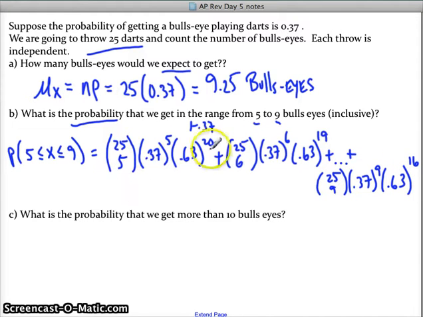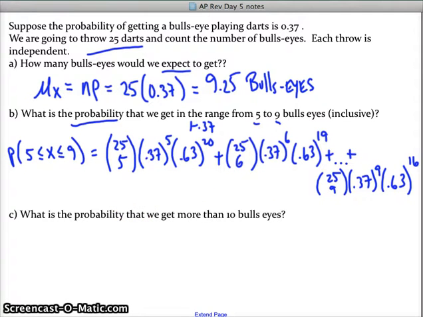Now, you don't need to type all that in your calculator, but this is all the work you're supposed to show, okay? Now we're going to type the stuff in the calculator. I'm not going to write out what I type in my calculator because the AP people hate that. They hate calculator speak. So this is what you write out.